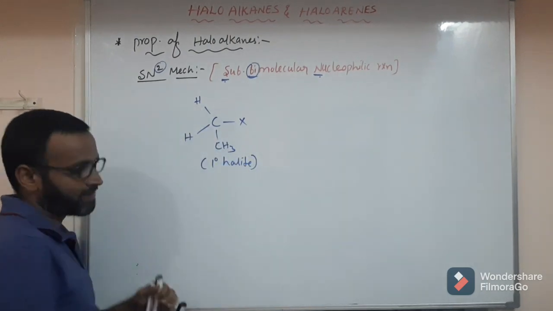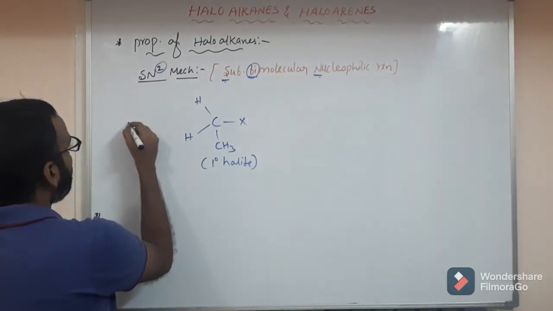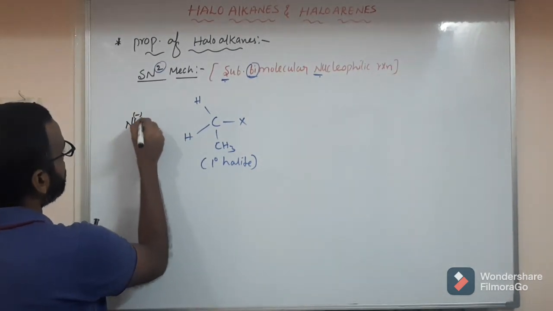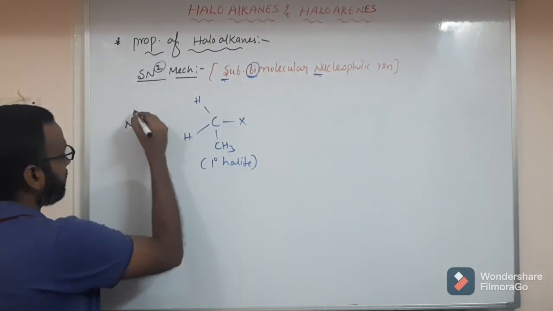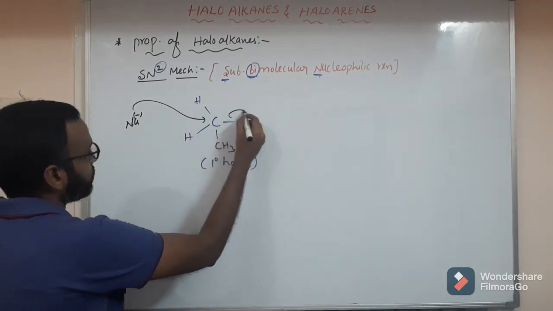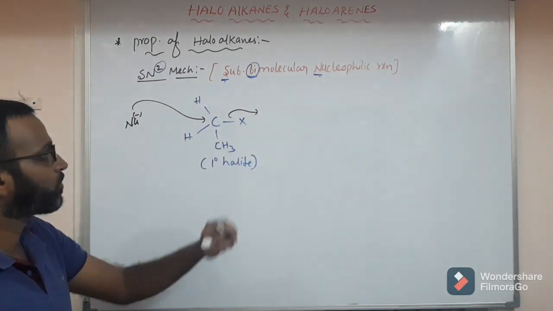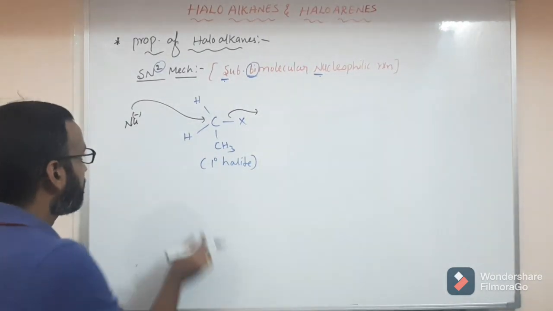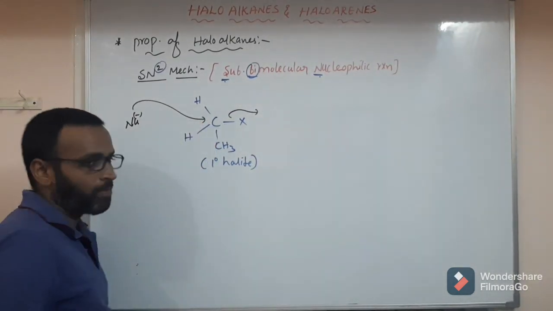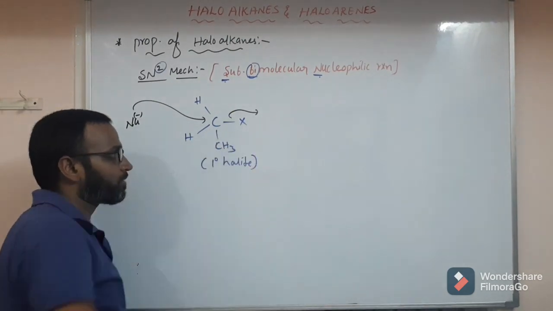In this mechanism, the nucleophile, Nu minus, approaches from the backside, so the halogen will be removed. Simultaneously, the nucleophile approaches from the backside and the halogen leaves from the front side.